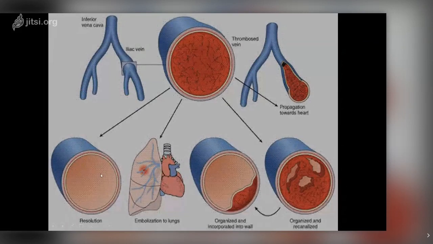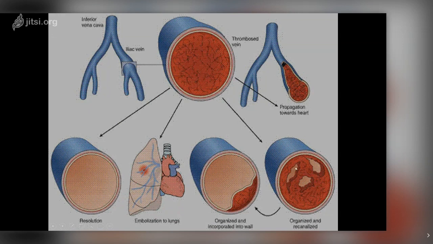No resolution, just diminution of the thrombus, embolization. In this case, they suspect that the thrombus from vein was detached and passed to branch of pulmonary artery. Organization, when there is fixation of the thrombus due to formation of fibrous tissue and it became the piece of the vessel.